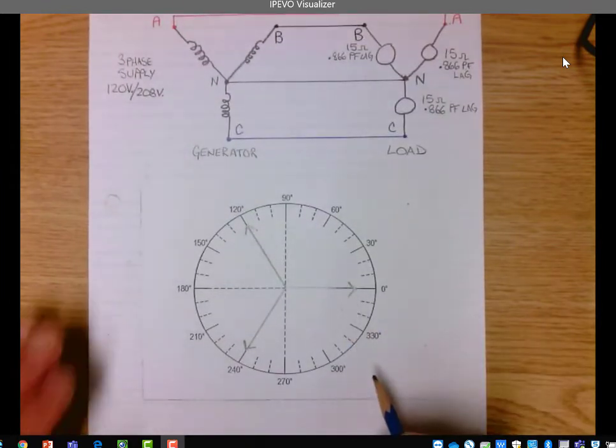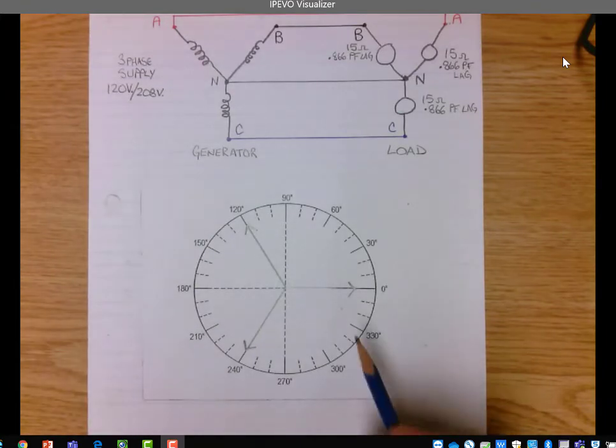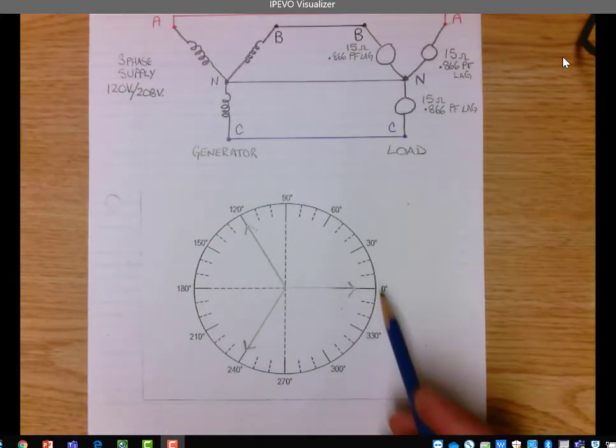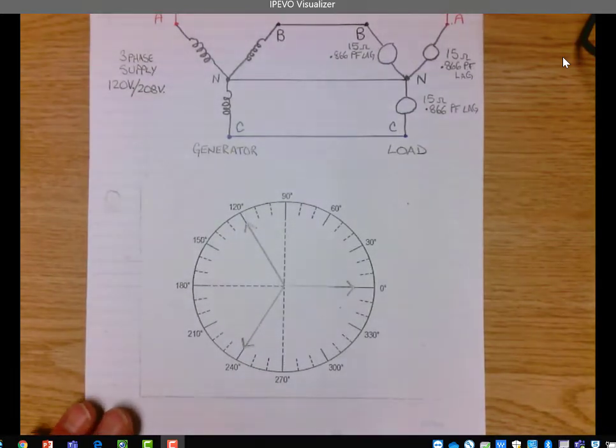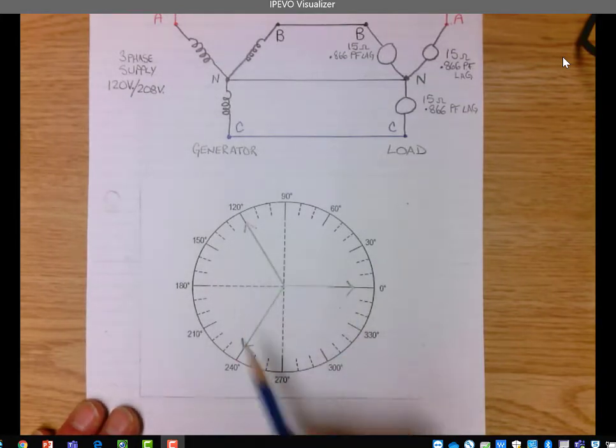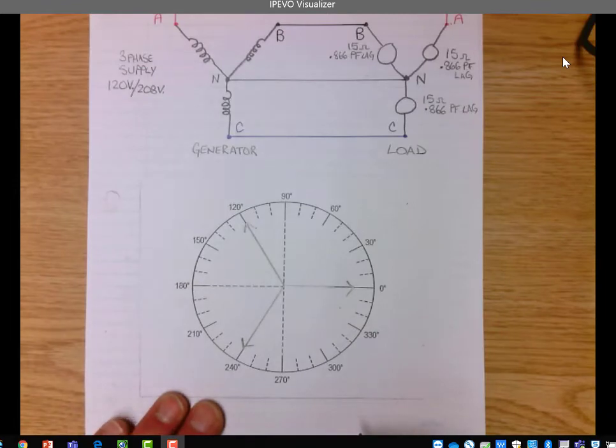A phasor diagram is what we use to show where voltages are on my 3-phase system and where currents are on my 3-phase system. And for voltages, they're always displayed on the phasor diagram in the same way. There's a real standard way that we show all of the phase and line voltages for a Wye system.